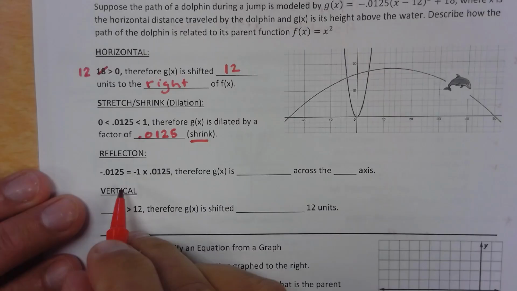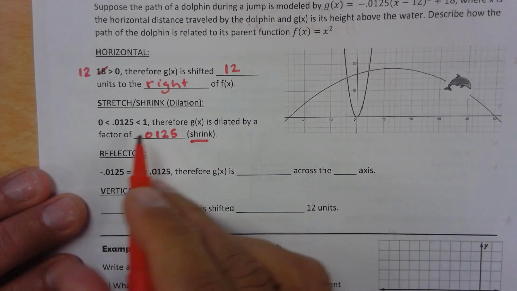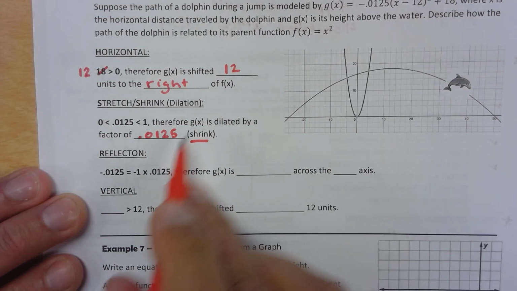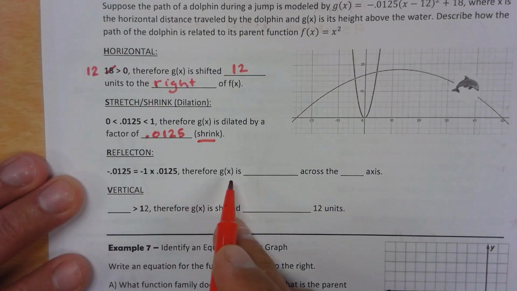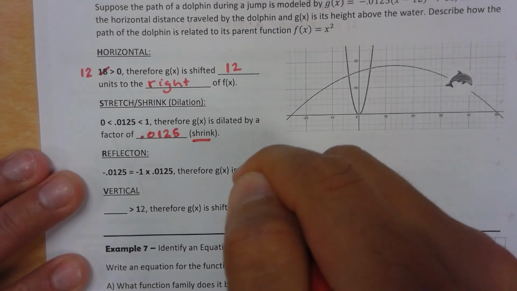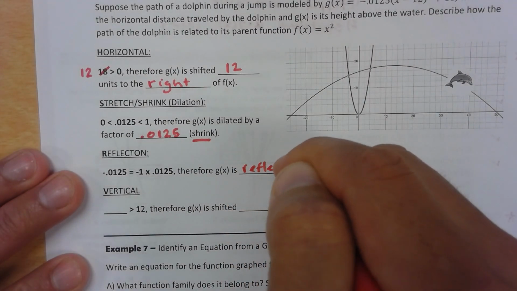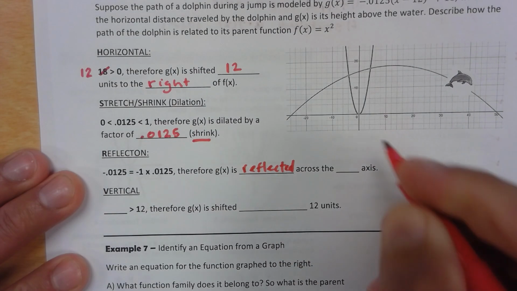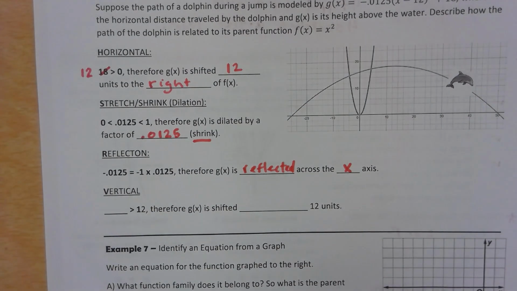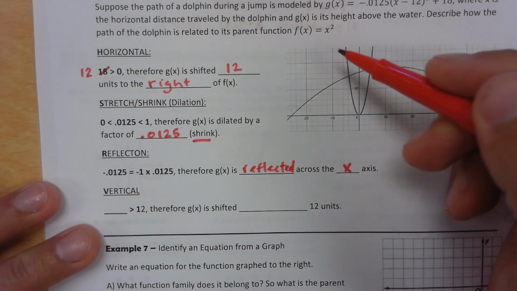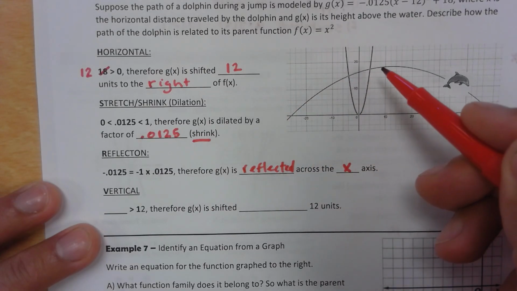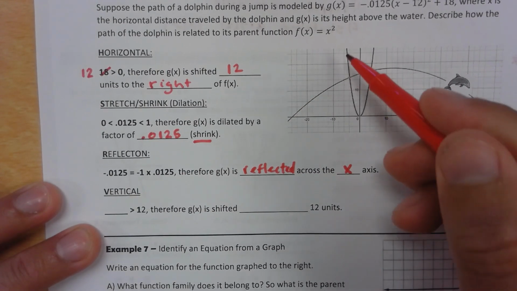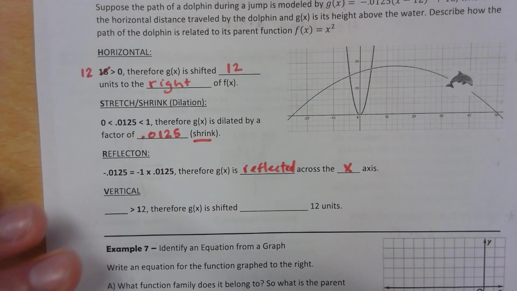Reflection. All right. The 0.0125 is negative if we look at it up here, okay? Therefore, g of x is reflected across the x-axis, okay? So here's the parent function, right? And then, boom, this one opens down compared to this one that opens up. So there's that reflection, that flip over the x-axis.